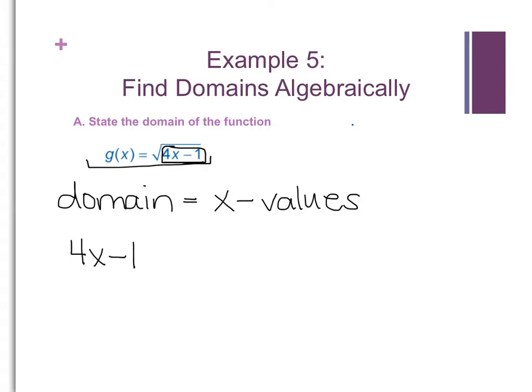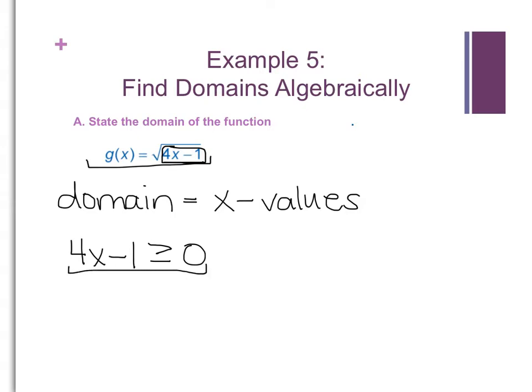So what we want to state is that 4x minus 1 has to be greater than or equal to 0. And now what we want to do is figure out what x values satisfy this inequality.